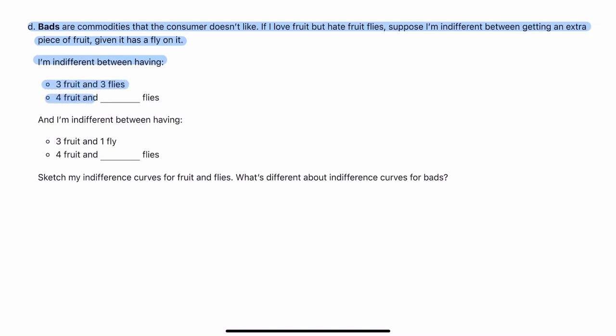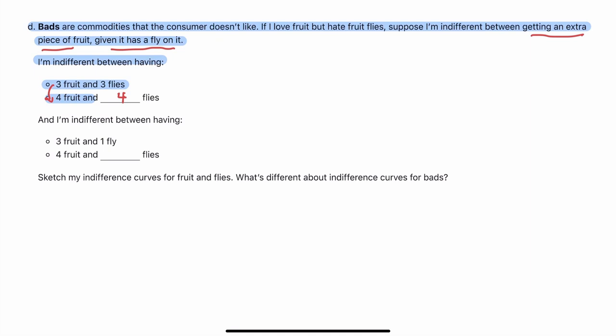Well, I just said I'm okay with getting an extra piece of fruit if it has a fly on it. So I'm getting an extra piece of fruit here, which I like, and I'm okay if it comes with an extra fly. So that would be 4 fruit and 4 flies. I'd rather have less flies, but I'd accept a fly if it comes with a piece of fruit.